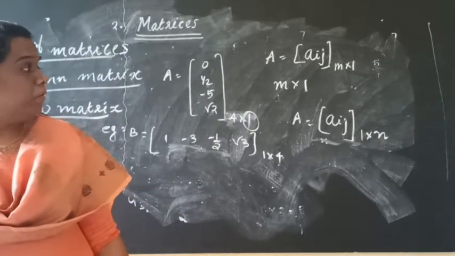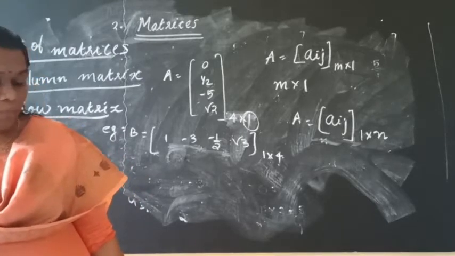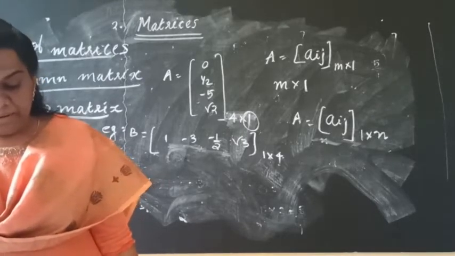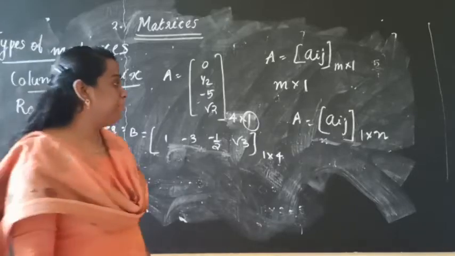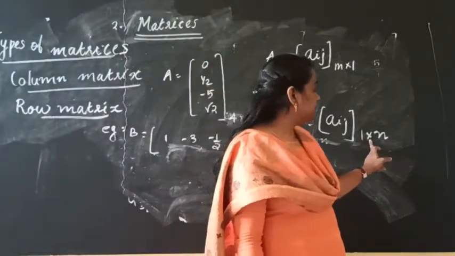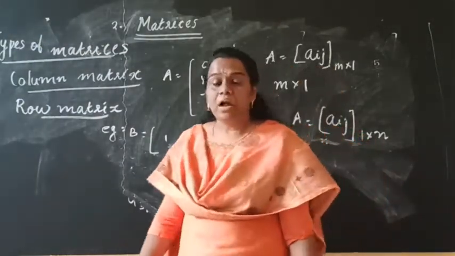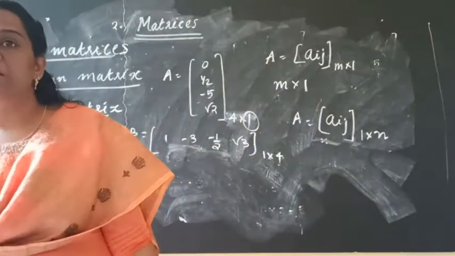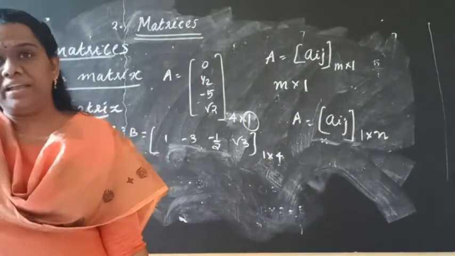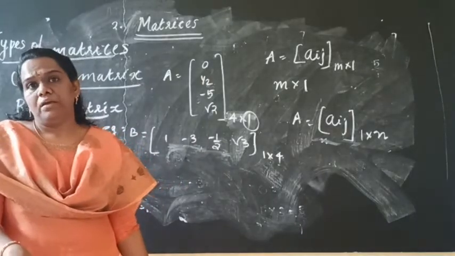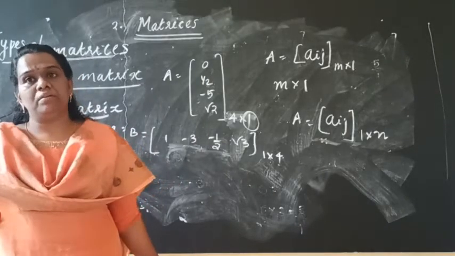What is the order? 1 into n is a row matrix of order 1 by n. I hope you understood the column matrix and the row matrix. Column matrix is only one column. Then row matrix means one row.